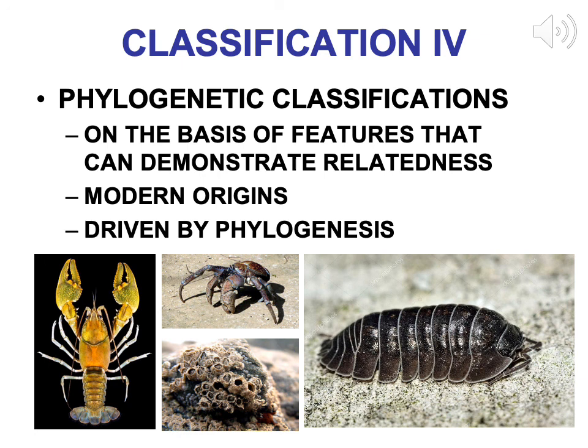And the relatedness is determined by these characteristics that might be shared, that might be derived, they should be homologous, and are certainly going to be representative of the organisms found in that particular group.